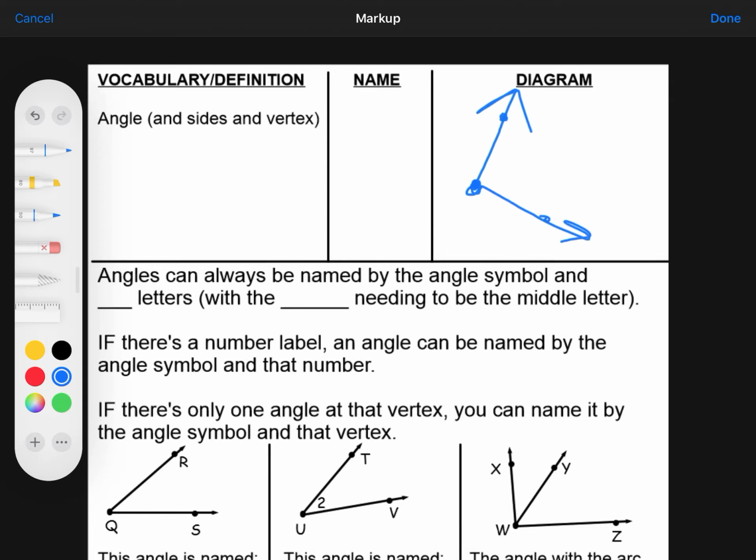So, as I draw on the diagram here, angles are made up of two rays, not just one ray. And those two rays are called the sides.